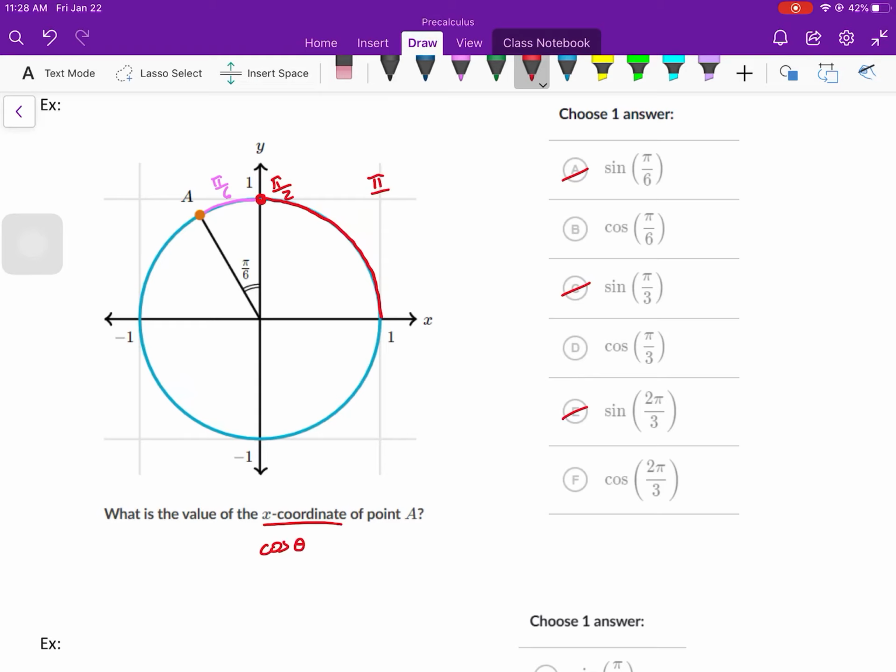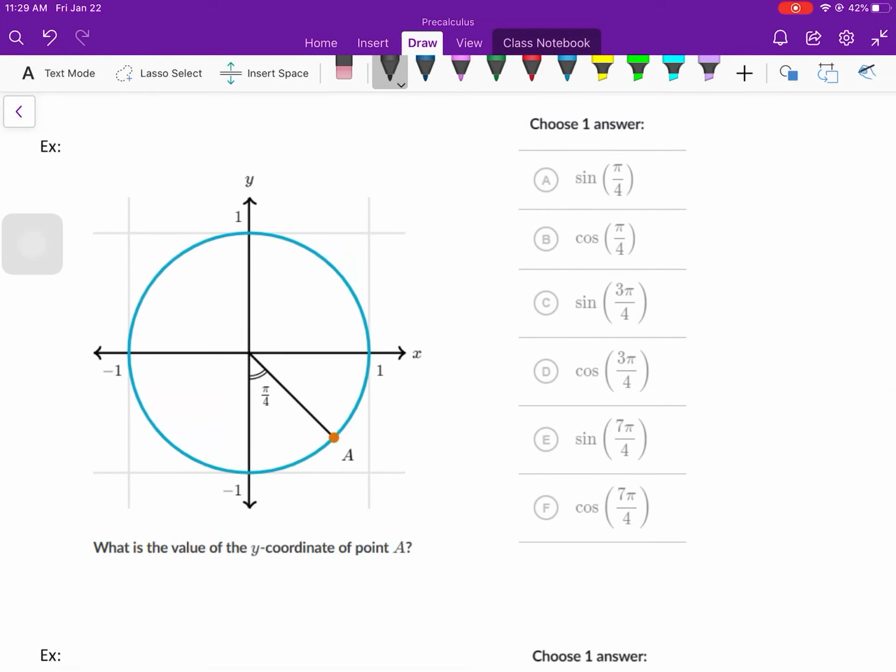So pi over 2 plus pi over 6 equals, let's get our common denominator. Multiply by 3 to get 3 pi over 6, plus pi over 6, which is already good, for 4 pi over 6. Now we can simplify this, both are divisible by 2, to get 2 pi over 3. So that's our angle, 2 pi over 3. So cosine of 2 pi over 3 will be our answer.